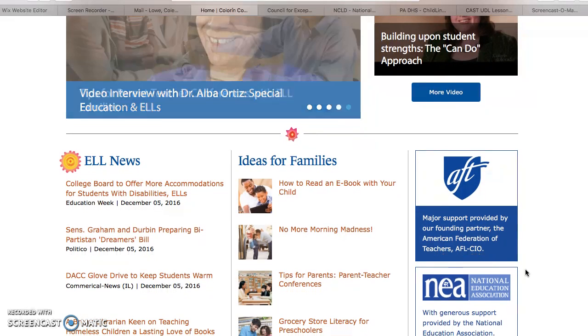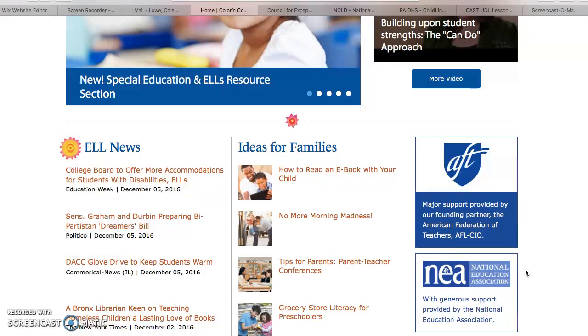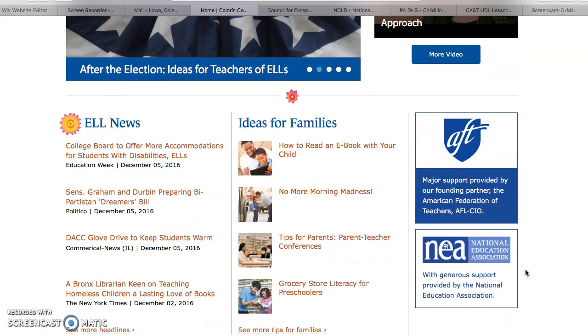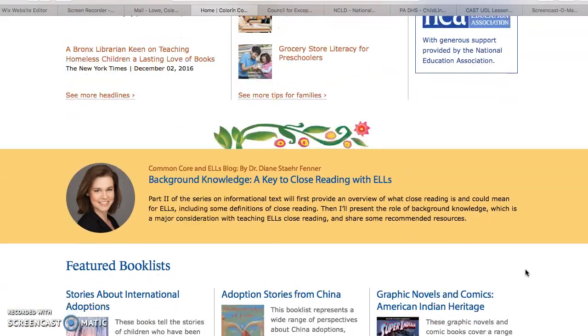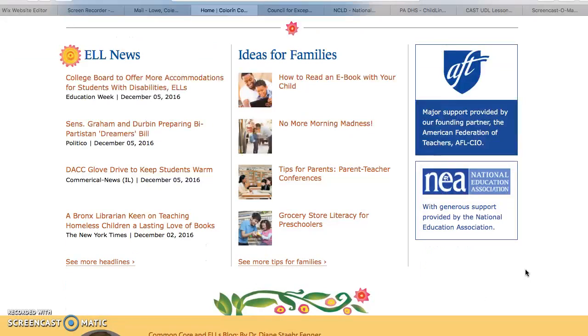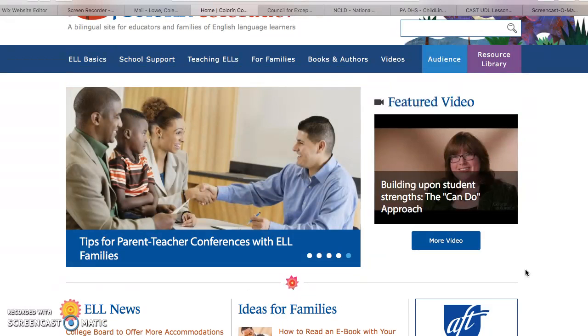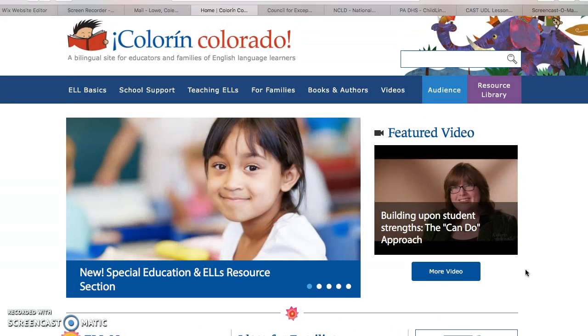Not only that, it has the up-and-coming and latest legislation and federal laws that are associated with English language learners, news, and different tactics that have been evidence-based in recent times on the inclusion of these special students in our classroom. Because it is important to make sure that they are being included and that we are offering the adequate amount of resources for their inclusion.